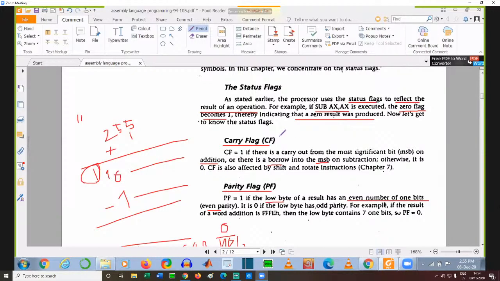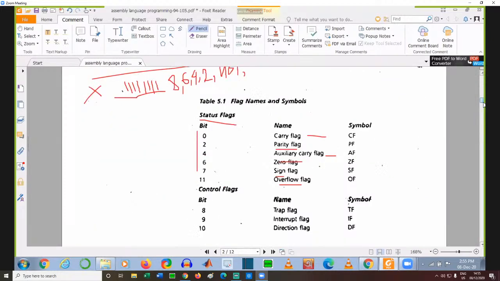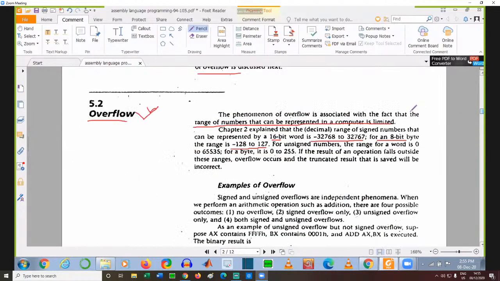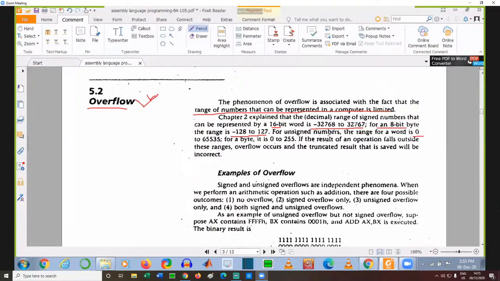That is actually unsigned overflow. So the carry flag equals 1 in unsigned overflow, and for signed overflow, the overflow flag becomes 1. The unsigned range for a word is 0 to 65535, and for a byte is 0 to 255.